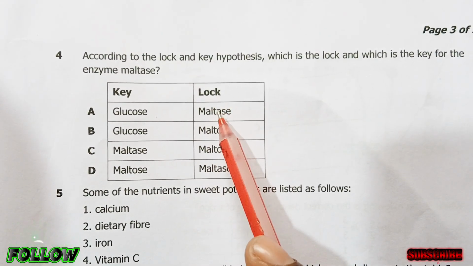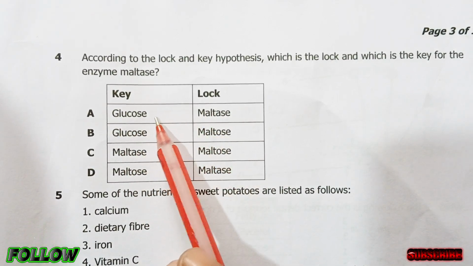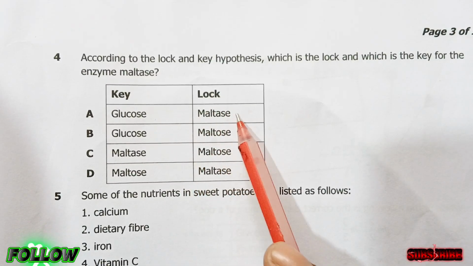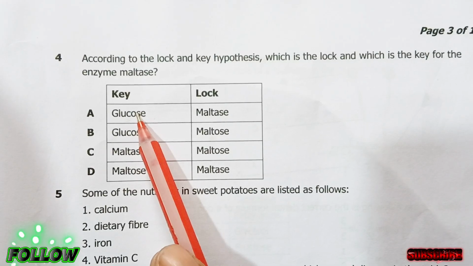Maltase is a lock, but glucose is the product. The moment maltose and maltase react, they produce a product, glucose. So A can never be the answer.